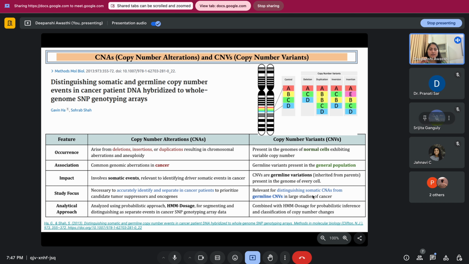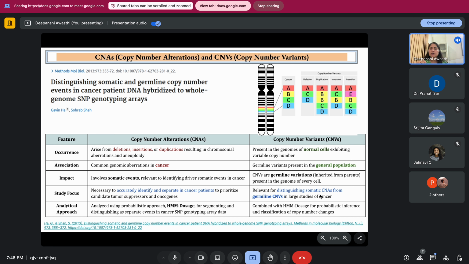Whereas copy number variants are useful to distinguish the somatic copy number alterations from the germline copy number variations. When comparing normal and diseased patients, the variations common among both will be the copy number variations, and the variations specific to the cancer patient will be the copy number alterations. So these are two different terms, and copy number alterations are somatic, which cannot be inherited.